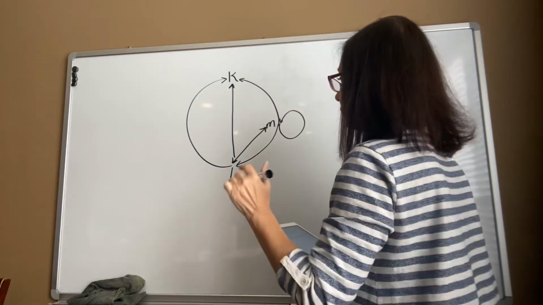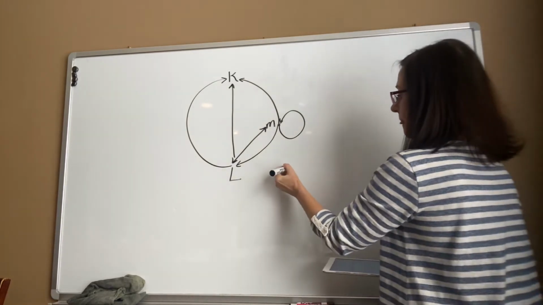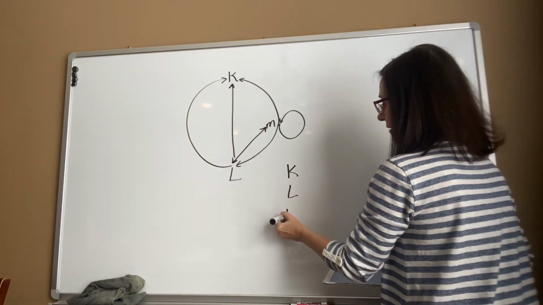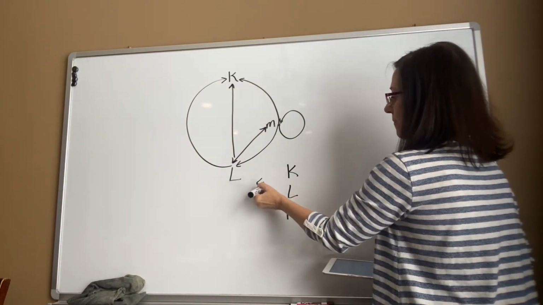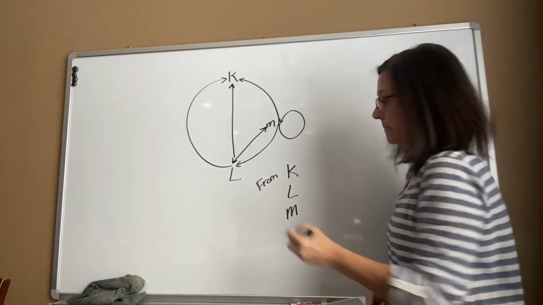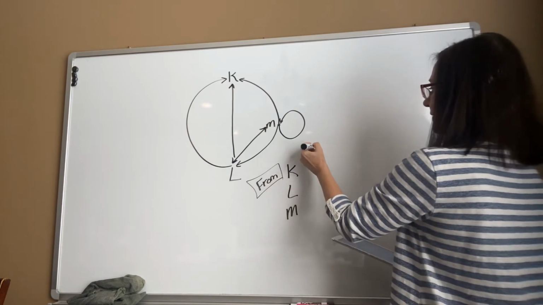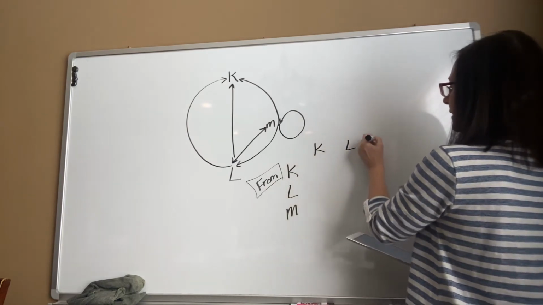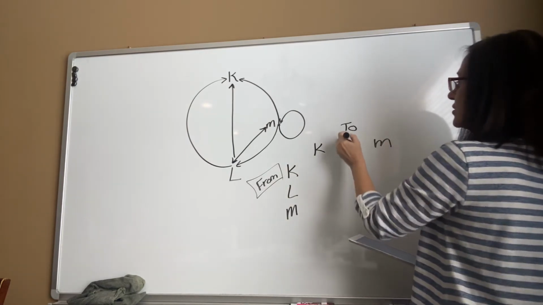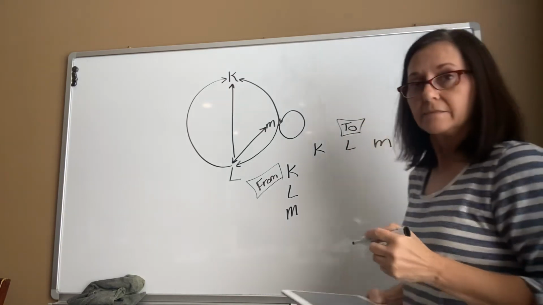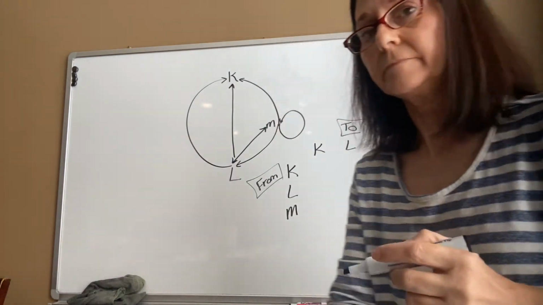So if we were writing this in a matrix, K, L, M, this is from. Is it coming from here? And then we would write K, L, M. Is it going to these places? Okay? All right.